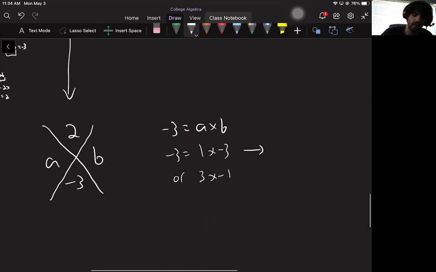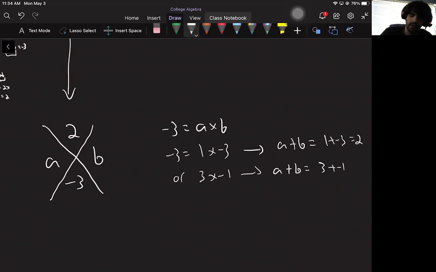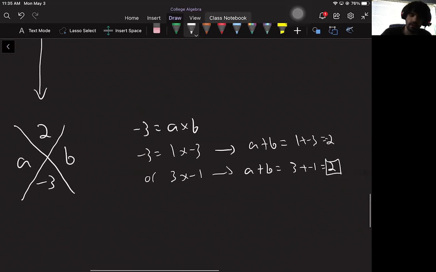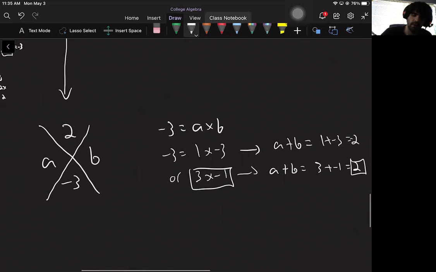So A plus B here would be 1 plus -3, which is -2. Oops, sorry. The second one, 3 plus -1, would be +2, which is what we wanted. So this is our A and B, 3 and -1.